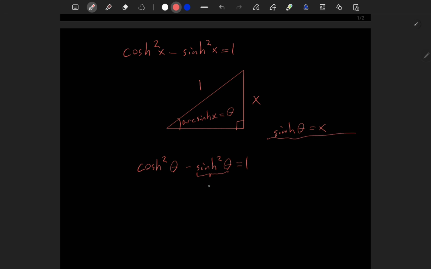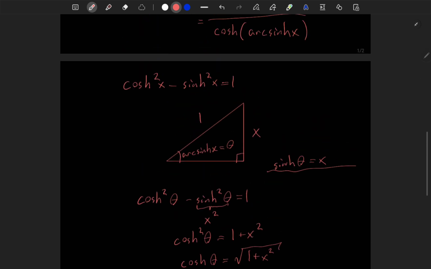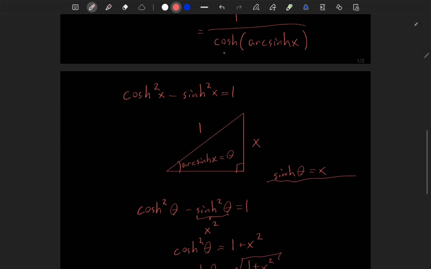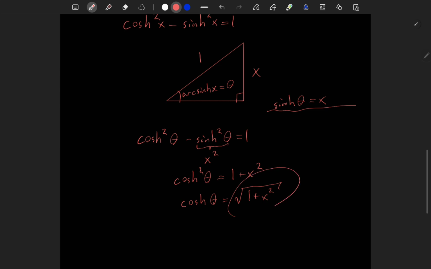So this is x squared. So we have cosh squared theta equals 1 plus x squared, so cosh theta equals the square root of 1 plus x squared. And look at that: look back at what we wanted to evaluate, the derivative of the inverse hyperbolic sinh. We needed this cosh of an arc sinh, and we've just evaluated it.